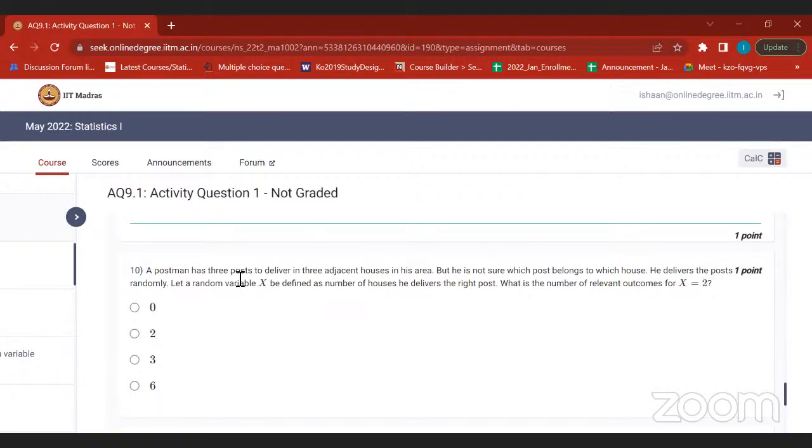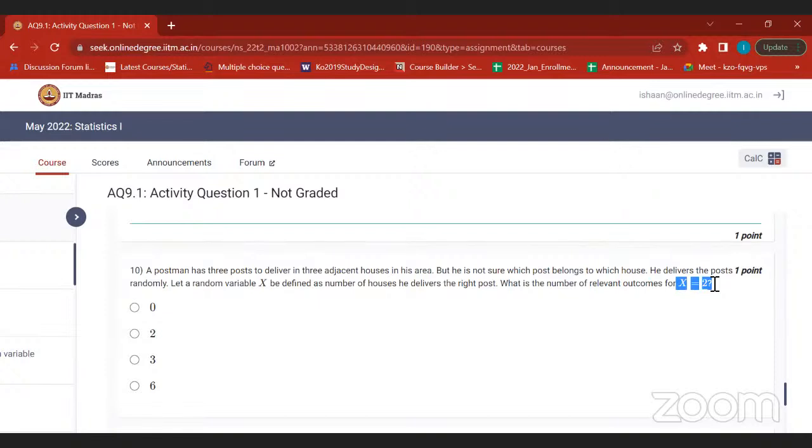Okay, so what the question is saying is there are 3 houses side by side, and the postman has 3 posts. He is not sure which post belongs to which of these houses, so he randomly puts them in the delivery boxes.